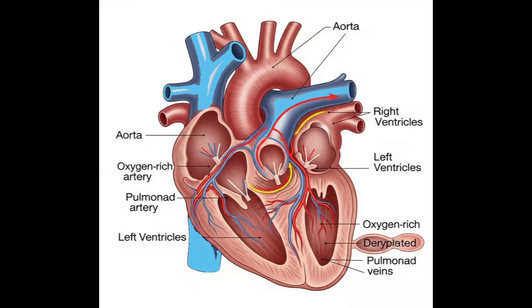And then what happens is the gas exchange. After receiving deoxygenated blood, the heart pumps it to the lungs for gas exchange, where it picks up oxygen and releases carbon dioxide before returning to the heart to be pumped to the body.